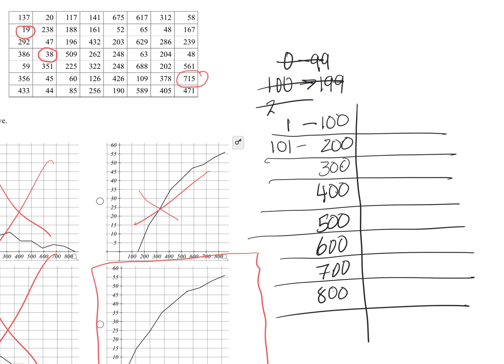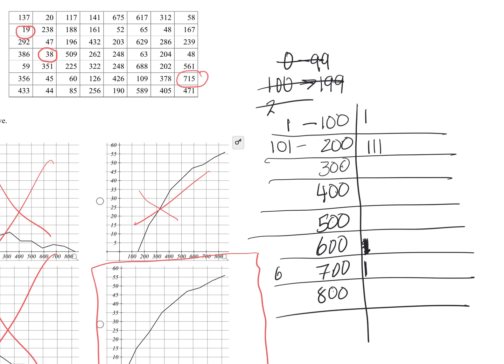And then we would just go through and we would start tallying. 137 goes here, 20, 117, 141, 675 is between 601 and 701. Right there. I'm sorry, 675 is here.